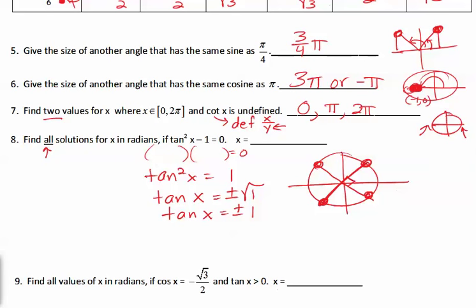Well, do you notice that these diameters are perpendicular to each other? So that tells you that each of these are pi over 2 units, jump away from each other. So I could start with just this first angle, pi over 4. Let me erase this work from up above here so you can see the answer.